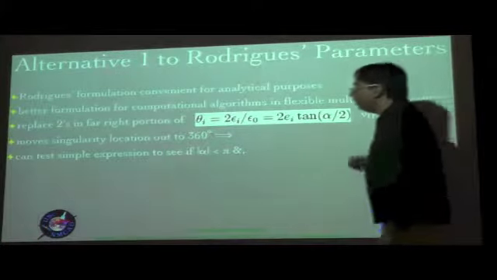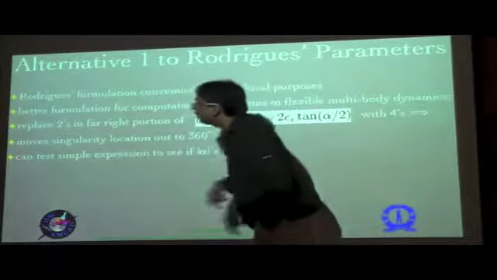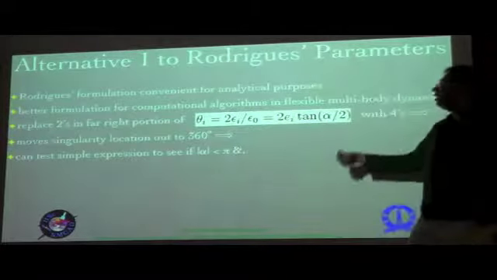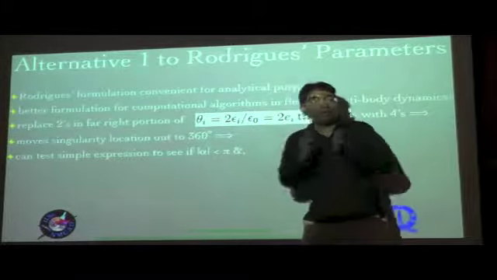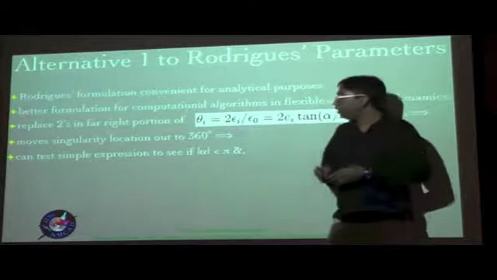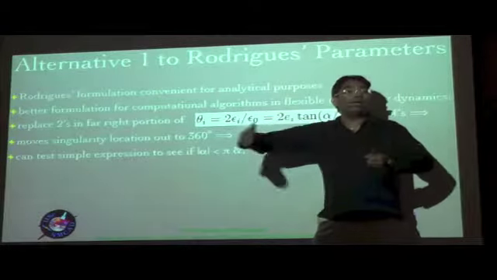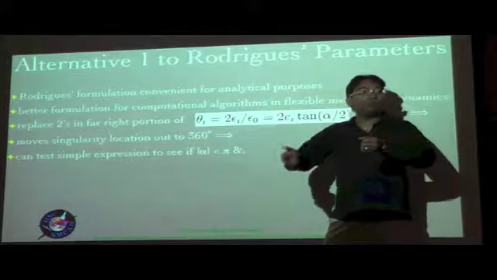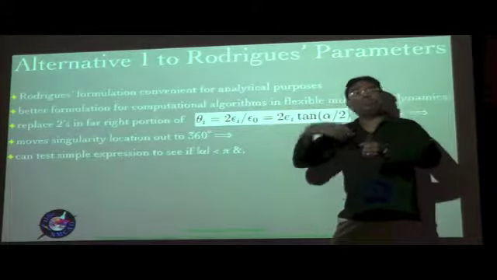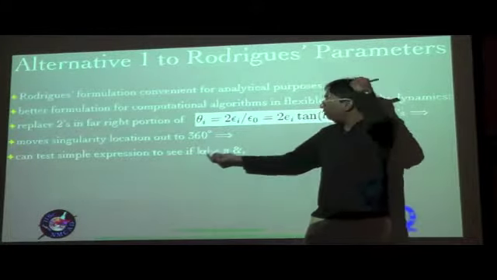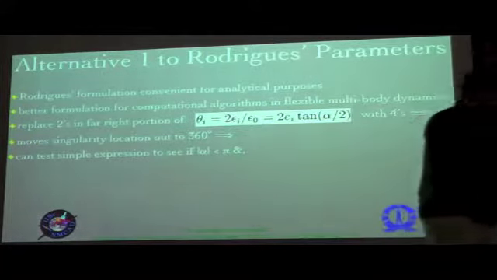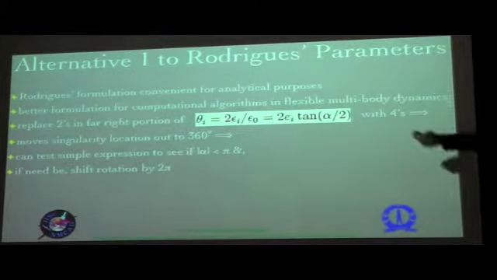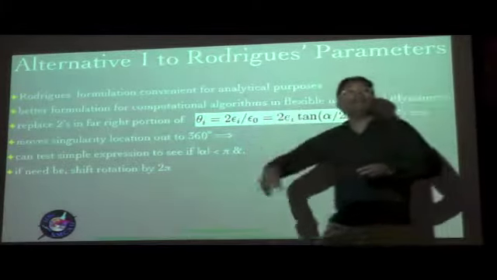And in the computational algorithm, as I said, you can test some simple expression to see the magnitude of alpha at a particular time instant of consideration, since you'll be time marching from one time step to another. At the new time step, if you find that the magnitude of alpha is more than pi, then you add or subtract 2 pi to shift it, so that you move it away from reaching 2 pi at the next time step.